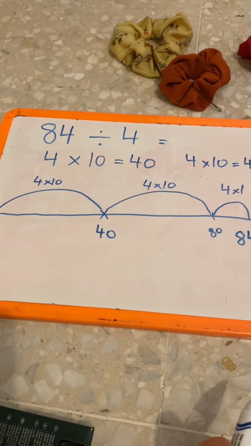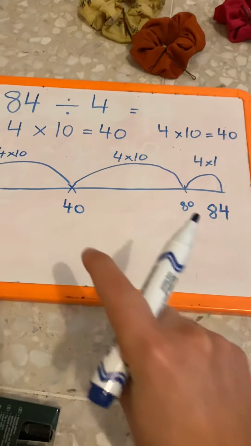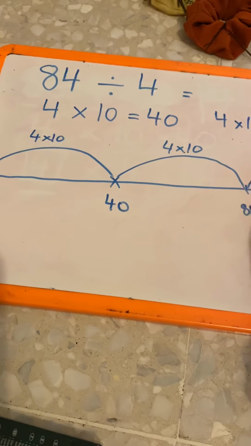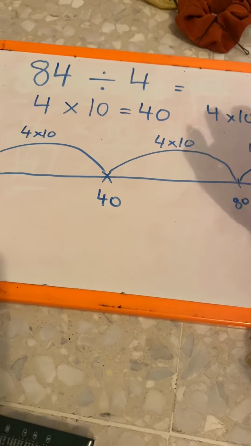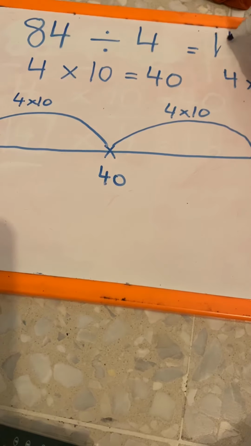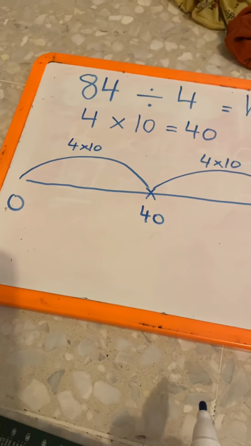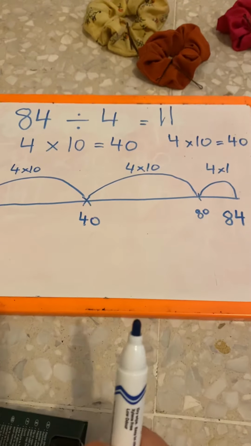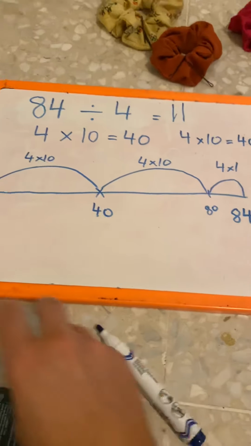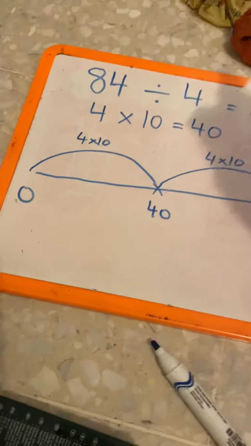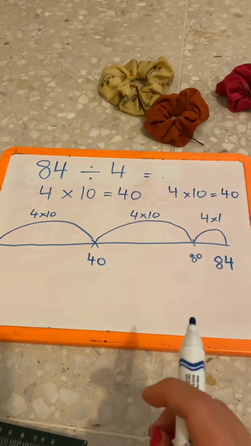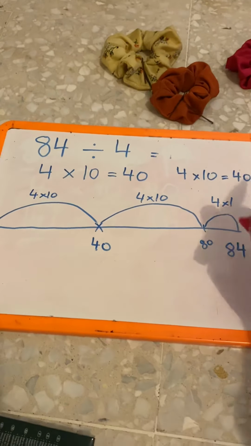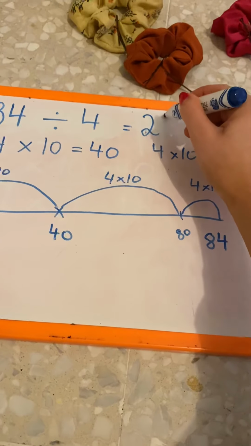So let's add them all together. 10 plus 10 plus 1: 10 plus 10 is 20, plus 1, we have 21.